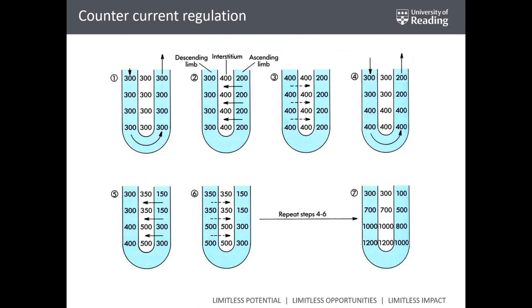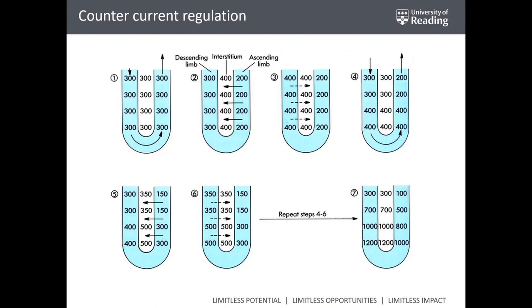As a consequence, water will move from the content of the descending limb into the interstitium, concentrating the content of the descending limb. And then new filtrate at 300 milliosmoles per liter will come down, pushing the concentrated content of the descending limb into the ascending limb.